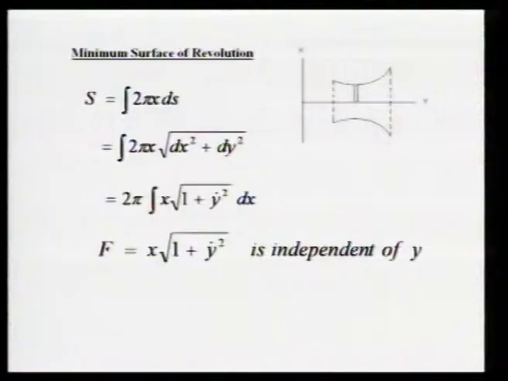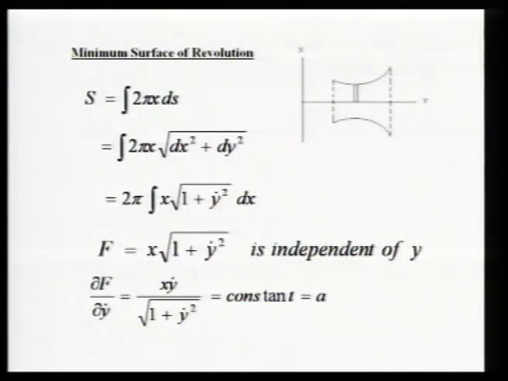Therefore, we can apply that simplification which we had done in the previous problem: delta f by delta y dot must be a constant. This constant we put equal to a. You differentiate it. x remains where it is, and the square root of 1 plus y dot squared, when differentiated, gives y dot over the square root of 1 plus y dot squared.